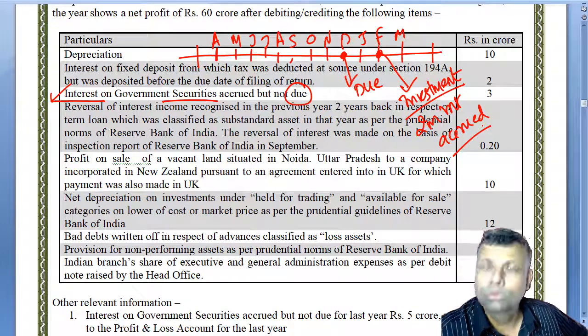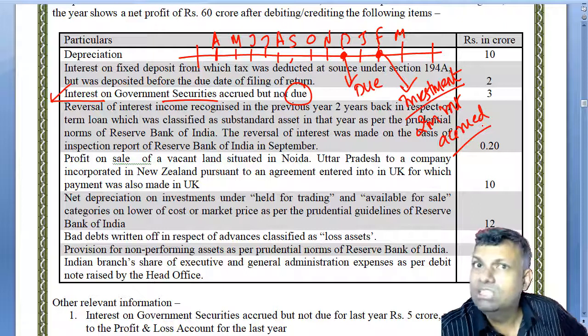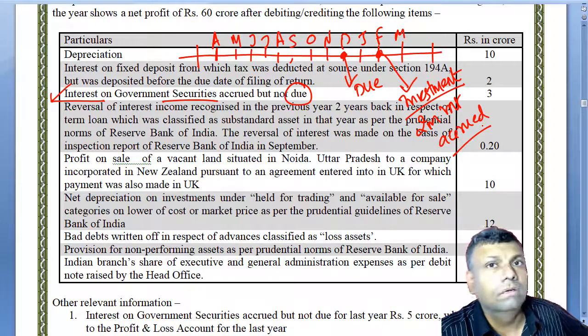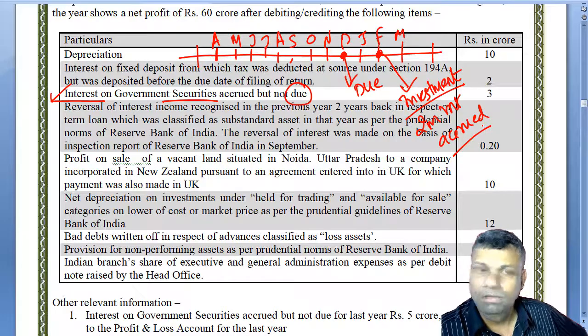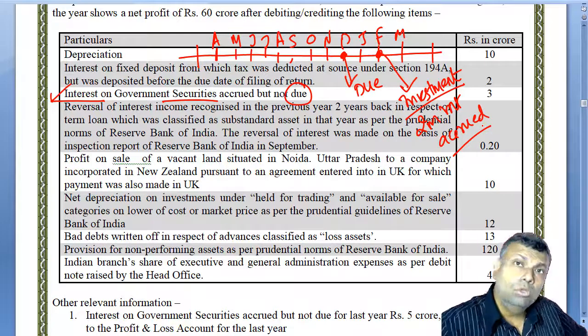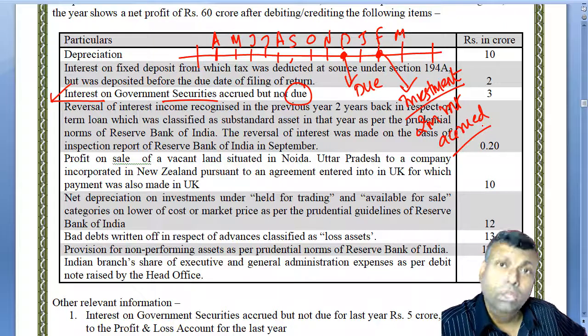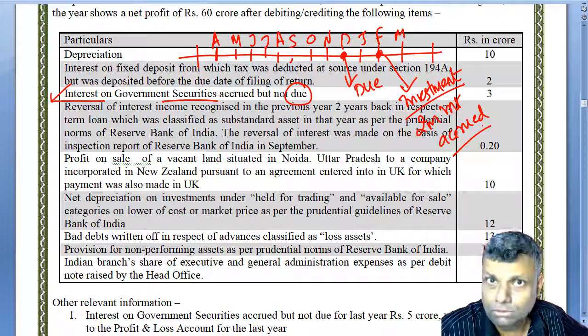But it is not due. Nothing is due for the 2 months because it always falls due in the month of December. So, you might accrue the 2 months interest as per your generally accepted system, that you will say, okay, I'm going to accrue 2 months interest as my income. You will show it as your income. But if it is not due, that means taxability is not there by default.